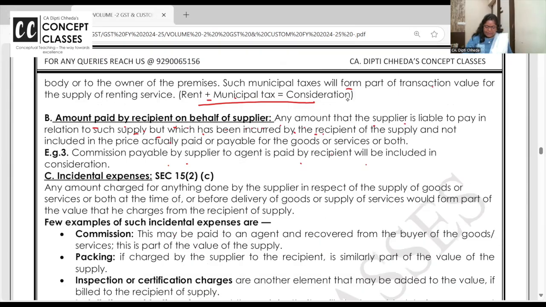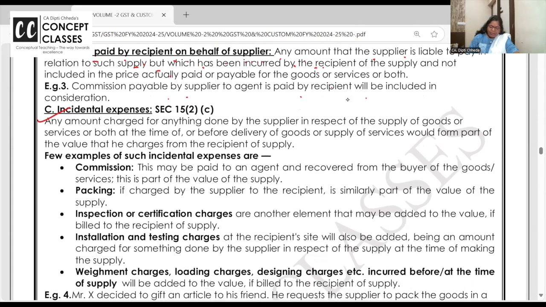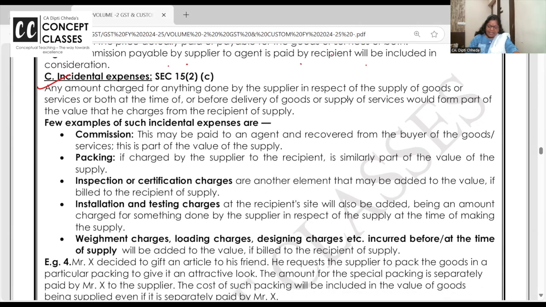This is all add. Other than this, incidental expenses. This we see from 11th, 12th class. When you buy an asset, all the expenditure incurred related to asset installation and downloading some software and assembling it, whatever expenditures are incurred till the asset is ready to be put to use, add. So whenever I'm supplying you the goods or services related to that, if any expenditure is incurred, like commission, or packing charges, or inspection or certification.